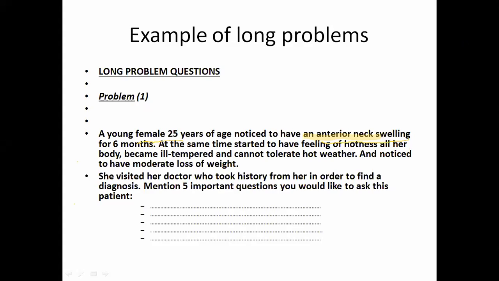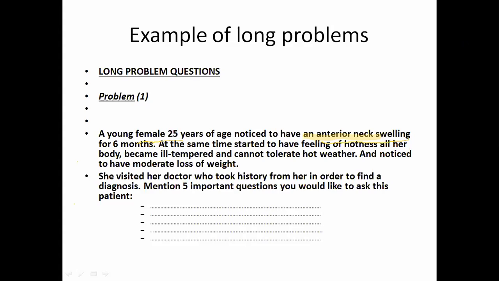The key thing to do in this question is to state the symptom or the question and why you are asking it. Even if the examiner didn't ask why you are asking, it will not take time. You ask whether she can comb her hair because if she cannot, she will have myopathy.